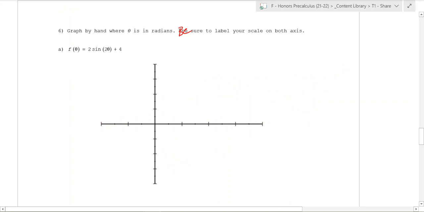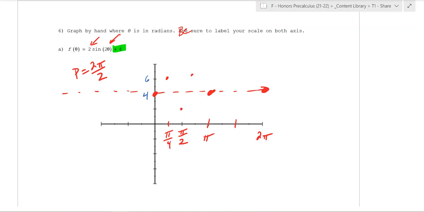Graph by hand. So if we do this by hand, you first know that the midline is going to be 4. So let's make this 4 right here. There's no scale, so let's put that there. So it hits up here at pi over 4.